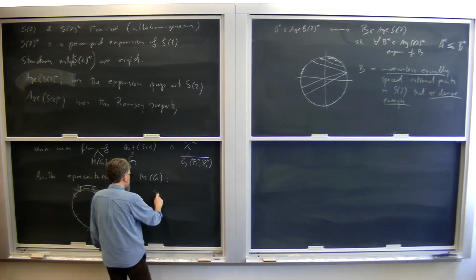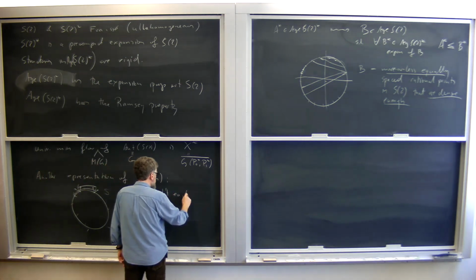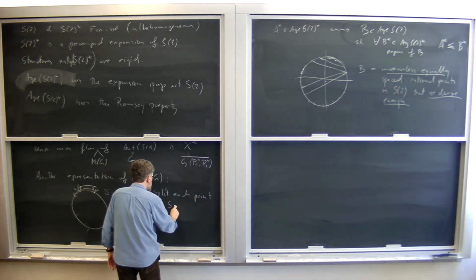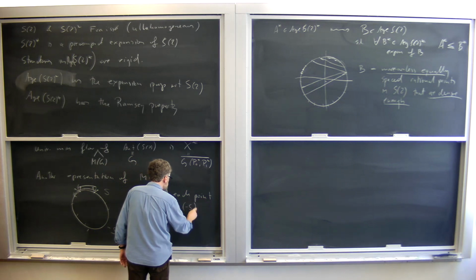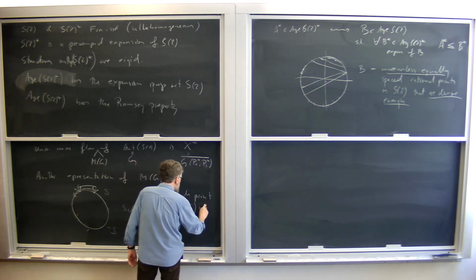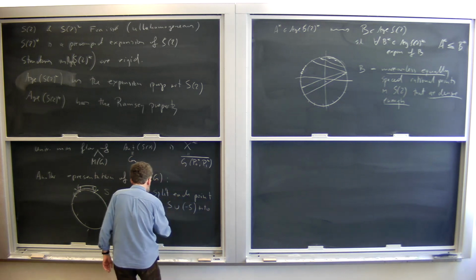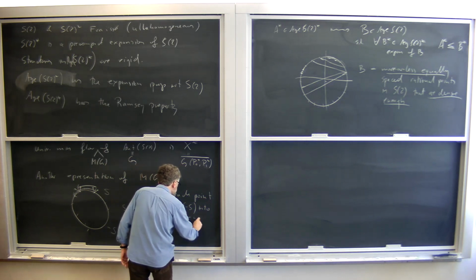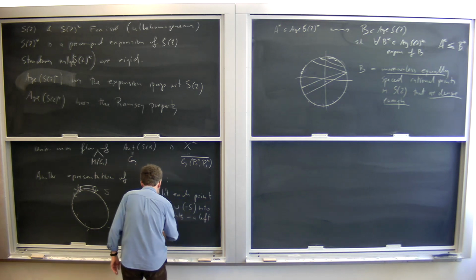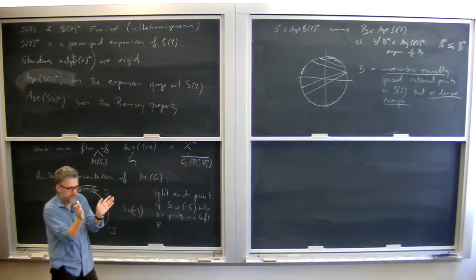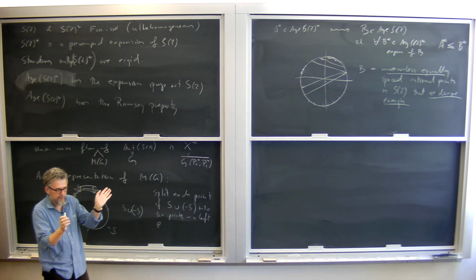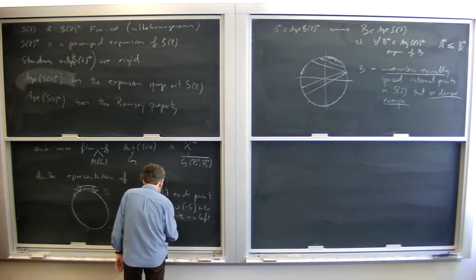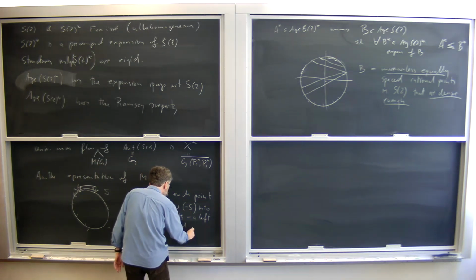So split each point of S union negative S into two points, a left point and a right point. The left one goes counterclockwise from the left point to the right point.